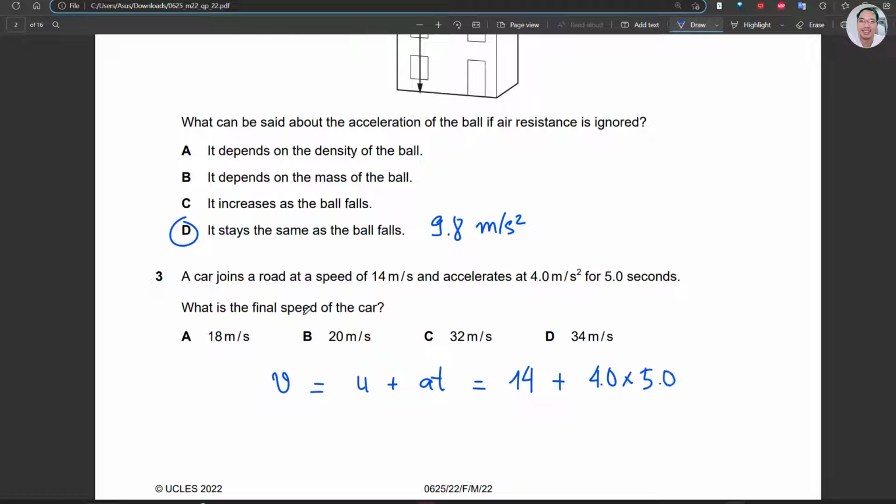So that is 20 plus 14, 34. Initial speed, U, AT.